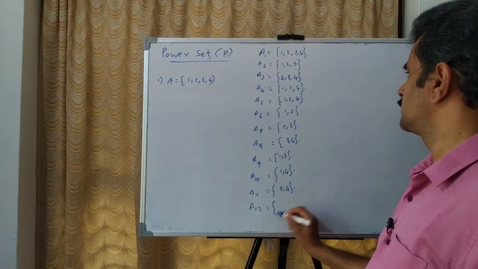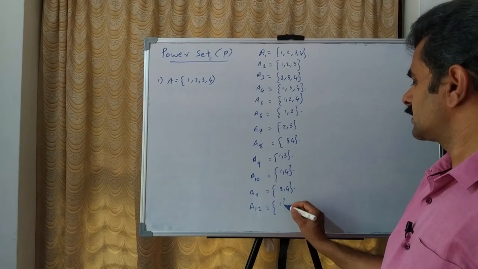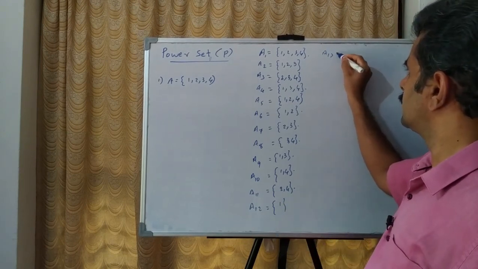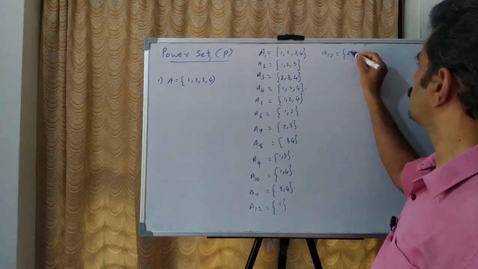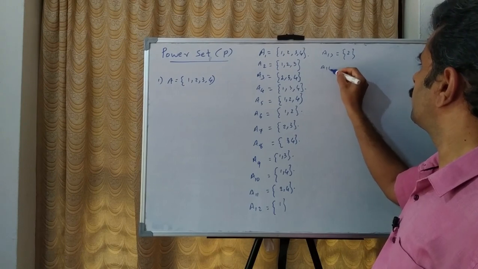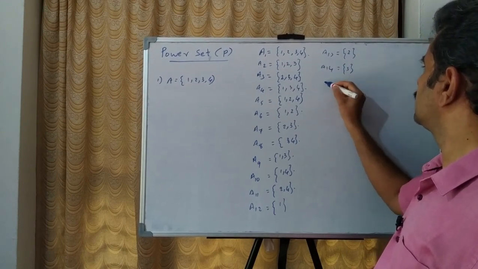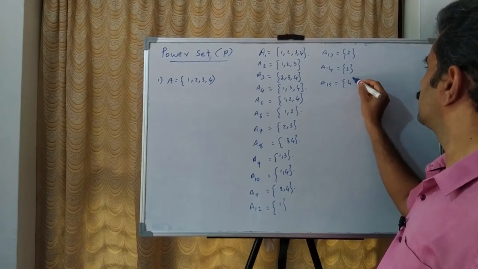A12 is equal to the set {1}. It is also a subset. A13 is equal to the set {2}. A14 is equal to the set {3}. A15 is equal to the set {4}.